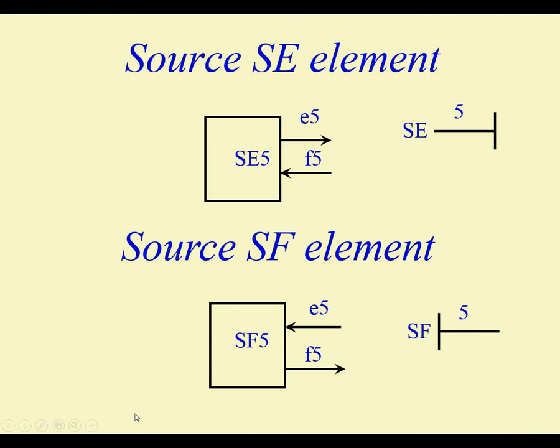Okay, you can have several ways to represent the flow source. I mean the flow source and the effort source. There's only one possibility. If it is an effort source, it has to behave like this. From this to the system, and from the system to this.